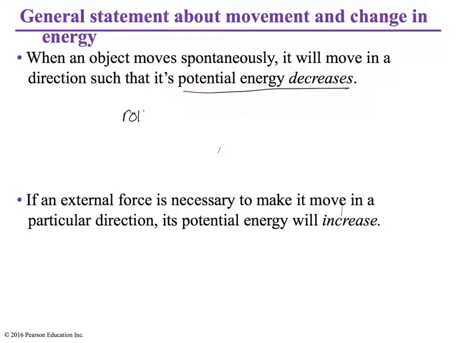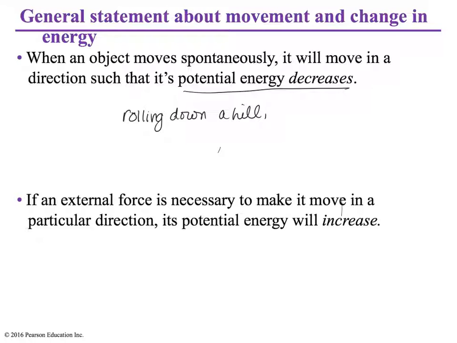Think of this example, rolling down a hill. If I put a ball on the top of a hill, it is going to roll down the hill. We know it does that because of gravity, but we also can recognize that it's going to go to a place of lower gravitational potential energy. Its potential energy will decrease.